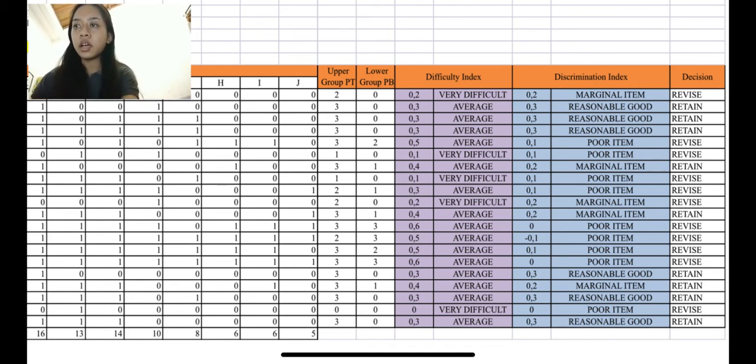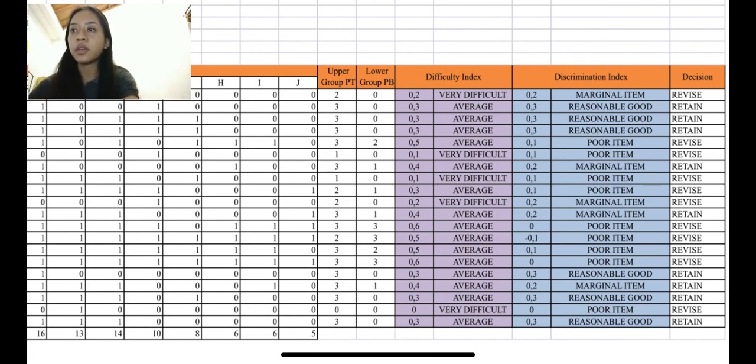And then item number 16, it is included to be average difficulty. The difficulty index is average because the result is 0.3 from the students, and it is reasonably good, so the decision we should take is to retain it.